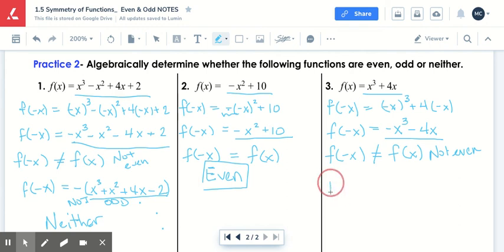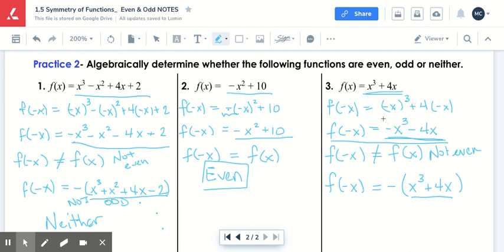So to check for odd, I'm going to take my f of negative x. So I'm looking back at this step right here. And then in the resulting algebraic expression that I have there on the right, I'm going to factor out a negative, which will change the signs on everything within this expression. So that would say x cubed plus 4x. Then I would compare this inside part here with the original.